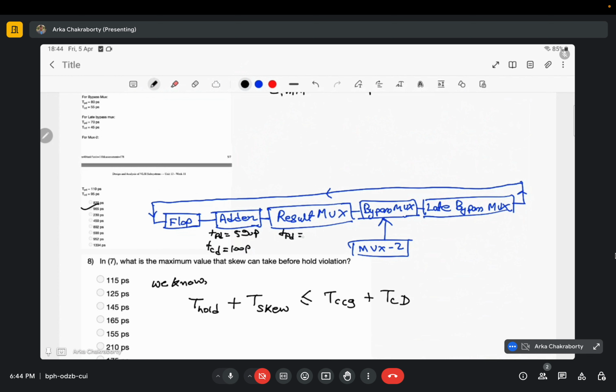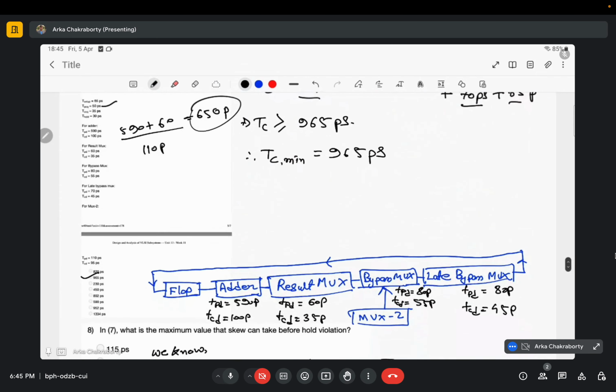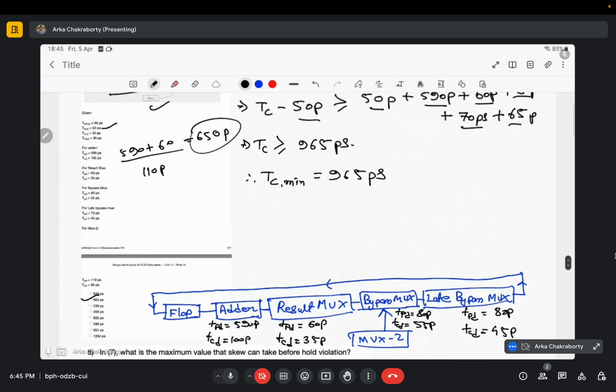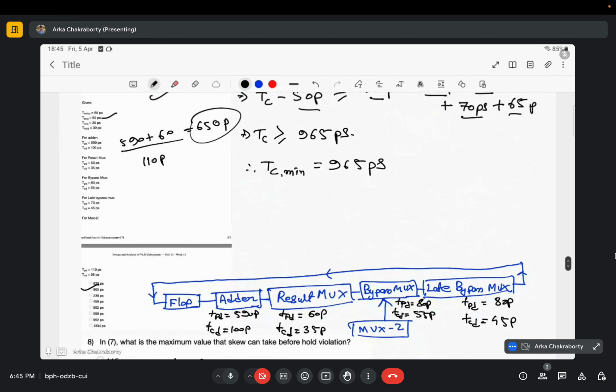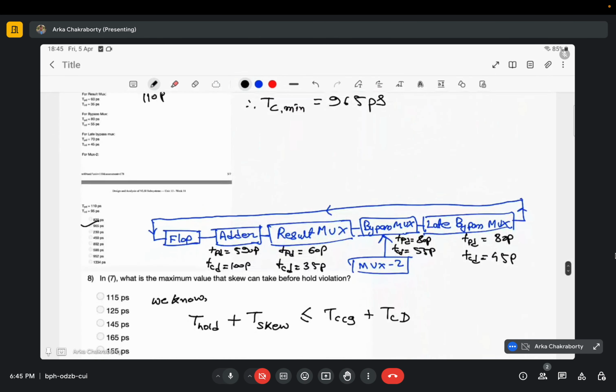PD here is 60 pico, contamination delay here is 35 pico. PD here is 80 pico, contamination delay here is 55 pico. Propagation delay here is 80 pico, contamination delay here is 45 pico, right? 590, 100, 60, 35, 80, 55, 80, 45 and 100.